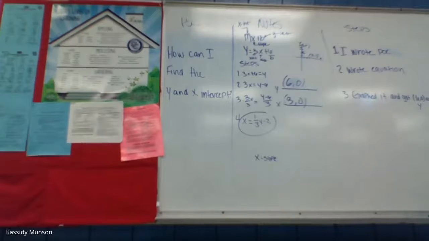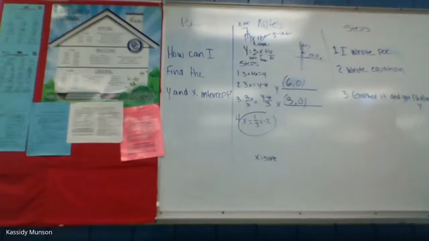Oh, steps. Okay. So, wait, what was the 15-second speech again? Basically, whenever you share what you learned. My POC was how can I find the Y and X intercept? I learned about where to put the number and how to form it.